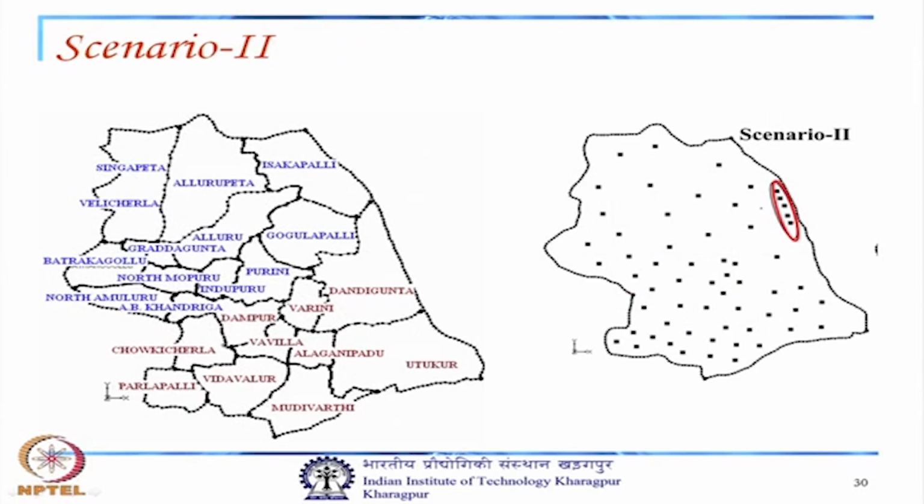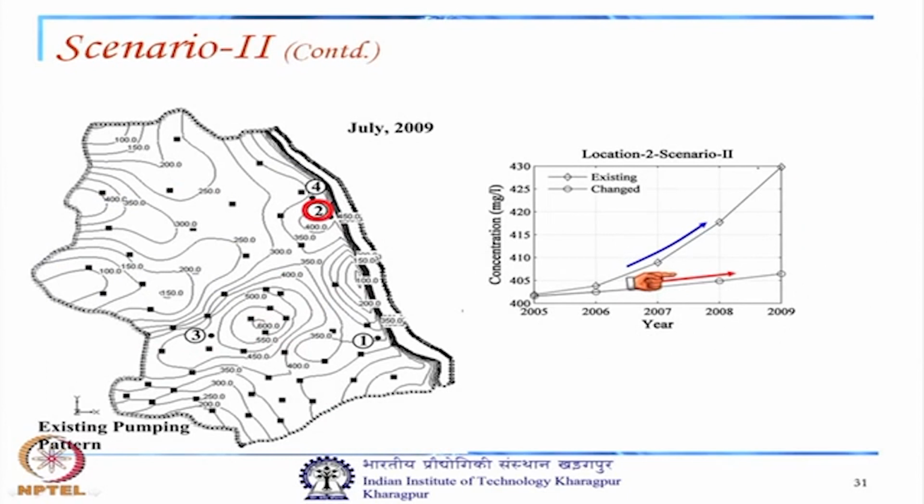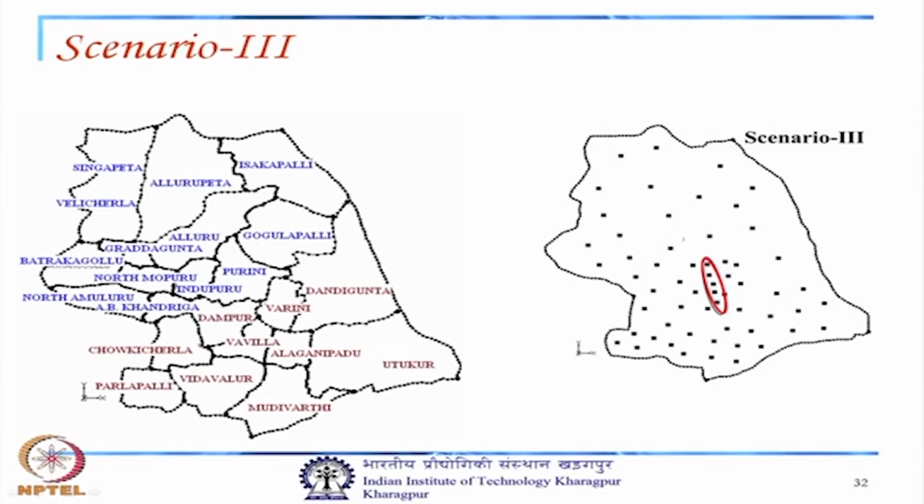Again near the Allur Mandal, if 5 wells are installed as extraction barrier wells, then for the reference point also there is increase in concentration level, but the rate is much slower as compared to the existing pattern.